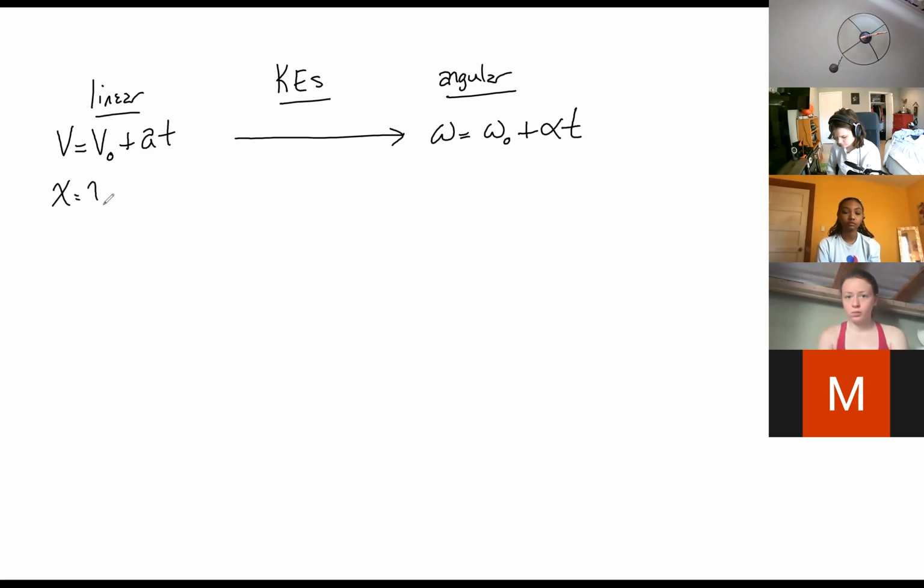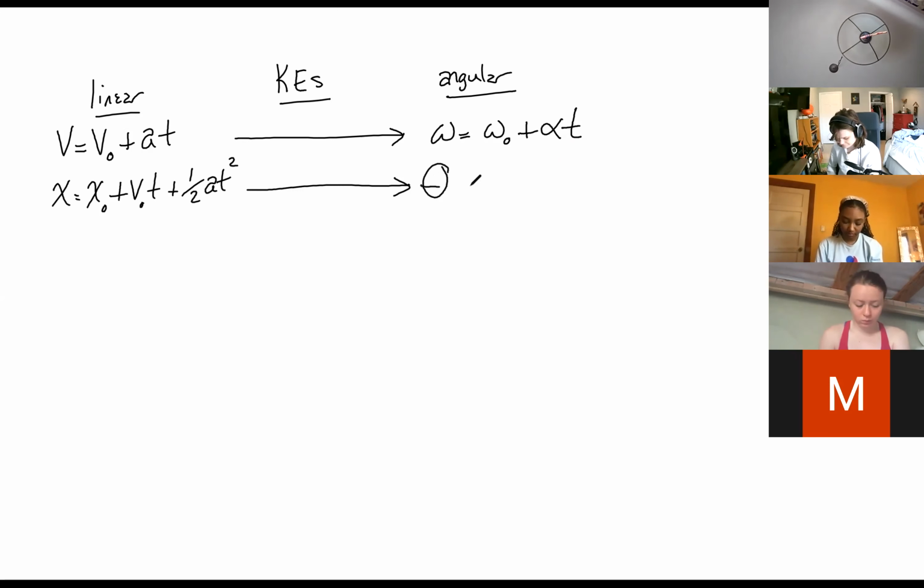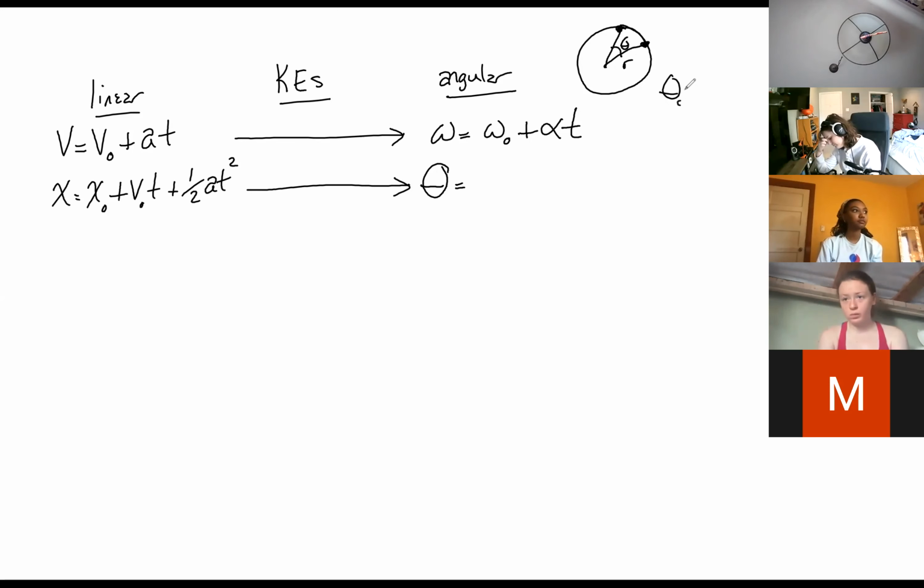You'll remember this one, the long one: x equals x naught plus v naught t plus 1/2 at squared. We're going to be casting that over into angular space, remembering our position variable was theta. And then we come to a screeching halt for a second, because theta naught really doesn't have a meaning, right? If we go back to that circle I drew earlier, a circle of radius r and an object moving from here to here, we do have a theta, but what is theta naught?